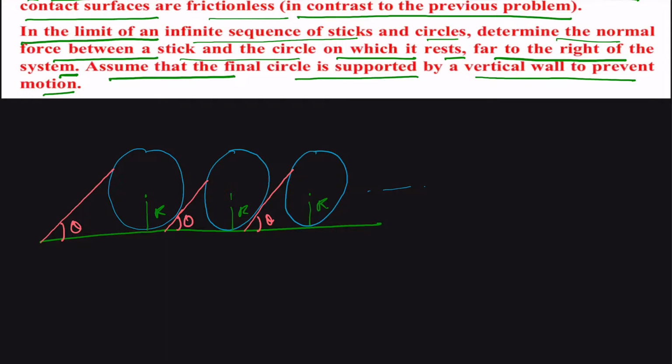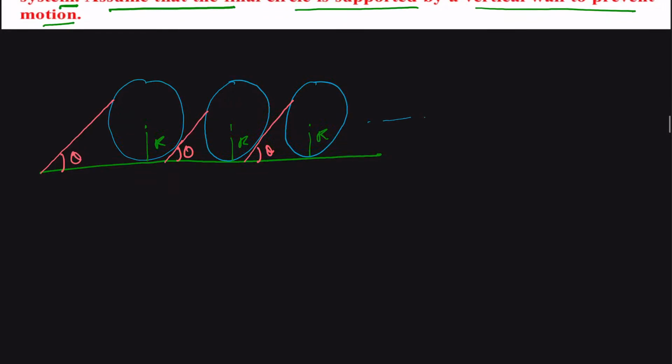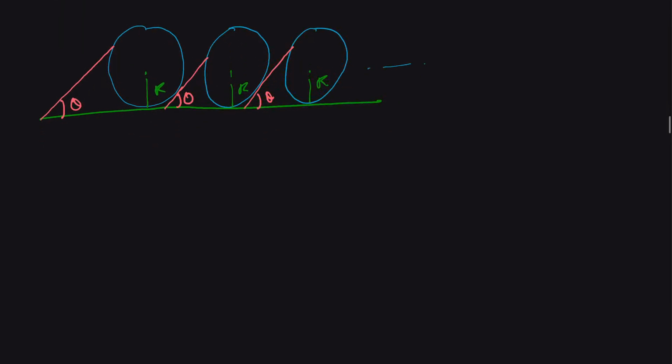Okay, so this question is somewhat related to the previous one, but here we have arranged the same sequence repeatedly towards the right. So this is the major difference. First of all, we are going to draw all the necessary forces. For that we are going to consider only two circles, and based on this we can discuss the entire geometry, because that will be repetitive in nature.